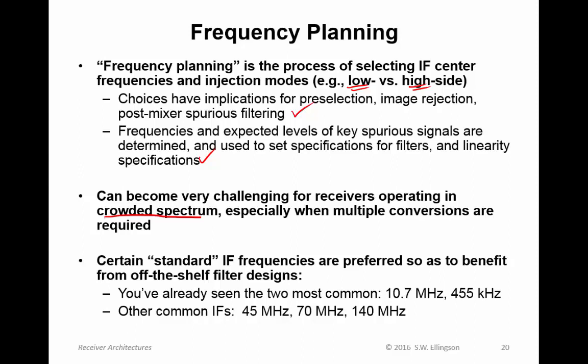I've said this before, but we see once again that there's a huge advantage in terms of the process of design in having standard IFs. So the two common ones I've shown several times now are 10.7 megahertz and 455 kilohertz. Other common IFs include 45 megahertz, 70 megahertz, 140 megahertz, and there are a few other common IF frequencies which are a little bit more application specific.